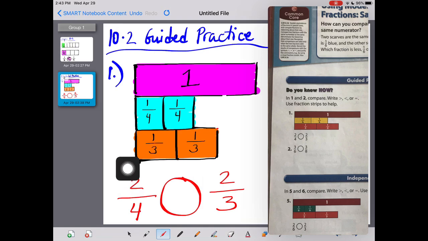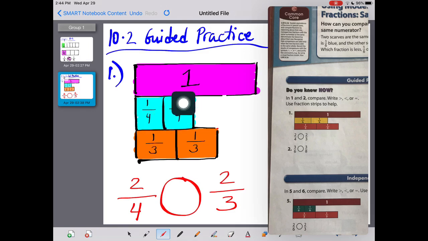So first, remember, we are comparing, and the size of the whole piece is the same. And so we were just looking at a fraction that's 2/4, 2 out of the 4 pieces, or 2/3, or 2 out of 3 pieces. So is 2/4 equal to, less than, or larger than 2/3?